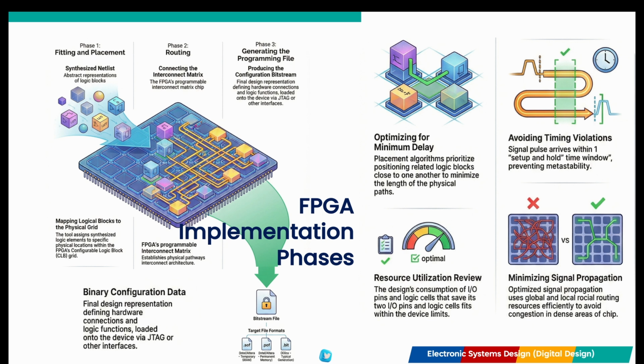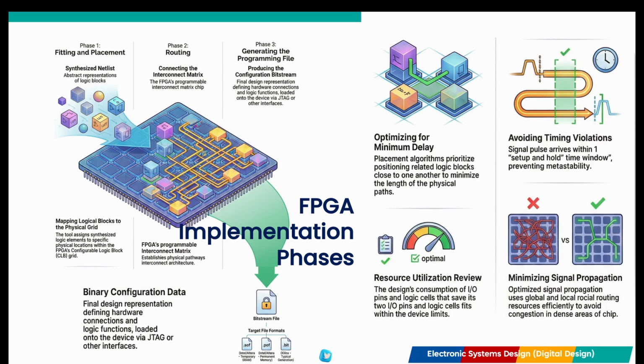These reports are not optional reading, they are essential. They tell you if your design is too slow, if timing violations exist, if resources are overused, and if your design is reliable in real hardware. So, as digital designers, you must move from just looking at waveforms to analyzing implementation reports and optimizing your design.